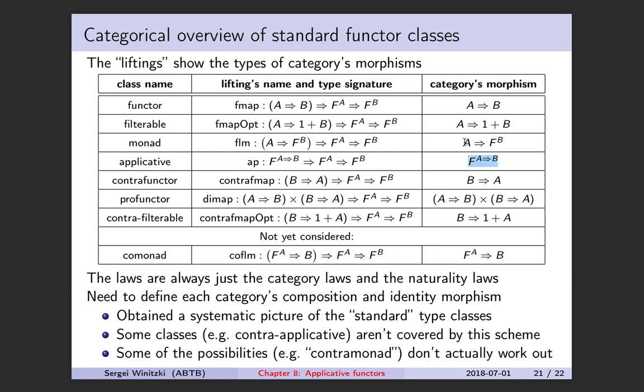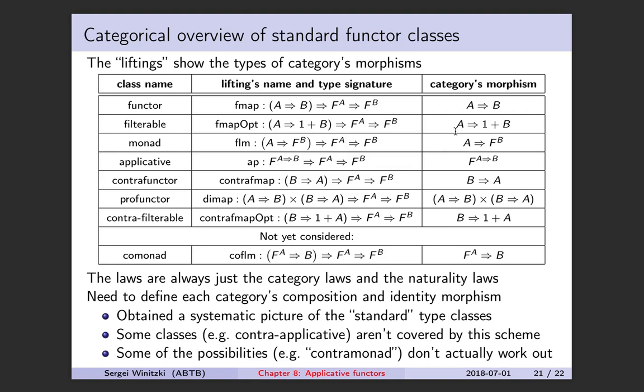And the same thing we have shown in previous chapters about filterables and monads. The category laws are equivalent to the laws obtained previously in terms of different functions. Because the category laws are always the same, it's just that the types are different, we have assurance that we found the right laws, that all these classes are correctly defined. We didn't forget some law for filterable. Also, we didn't have too many laws. We have exactly the laws we want.